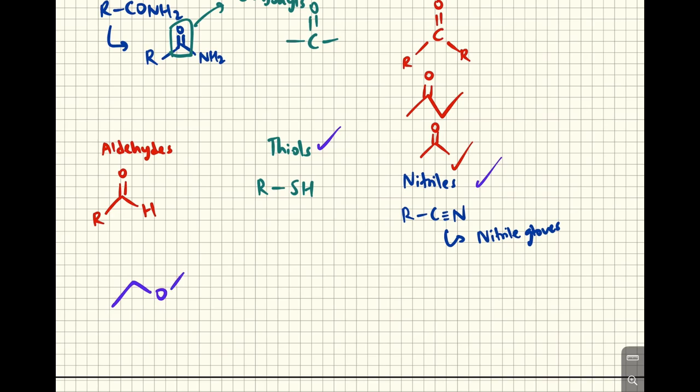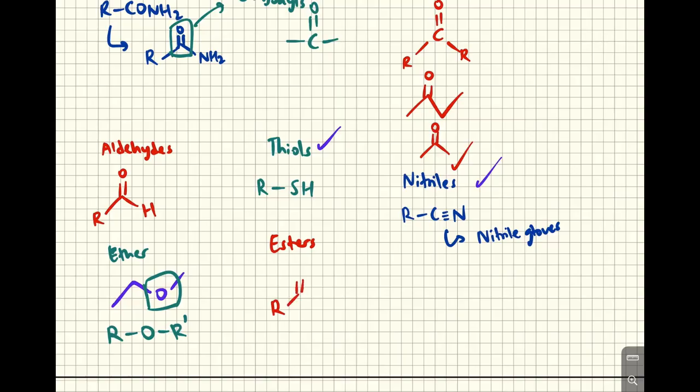You can see that the oxygen is right in the middle of this chain. So in general, this is how it looks like. Note the oxygen in the middle. You also have esters. So esters are generally carboxylic acid derivatives.